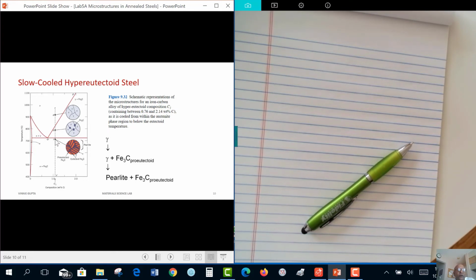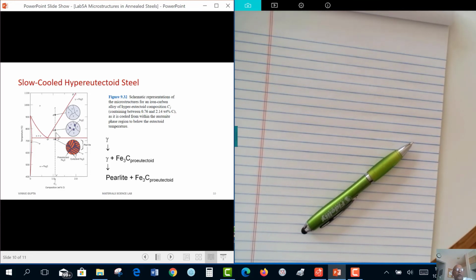When we cool it through what is called the ACM temperature line, at point H, we will have this cementite precipitating out. So these are these black blobs kind of. Rest of it is austenite. Just above the eutectoid temperature, this austenite would be of 0.76% composition. And of course, cementite is fixed, 6.7%.